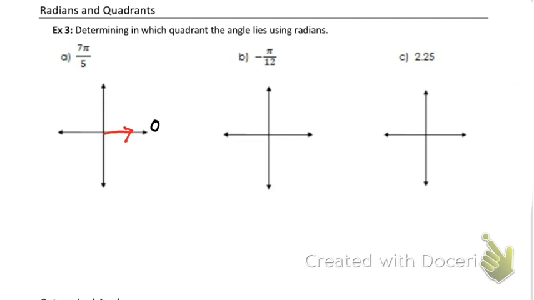The two things we know for sure is 180 degrees is pi. 360 is 2 pi. Well, this space right up here is halfway between 0 and pi. Halfway between 0 and pi would be pi over 2.